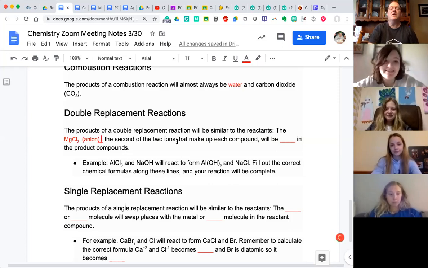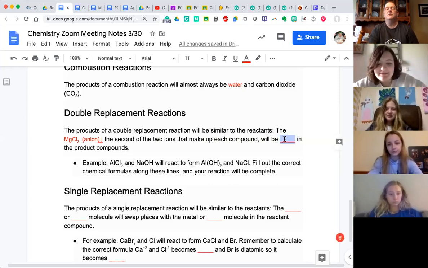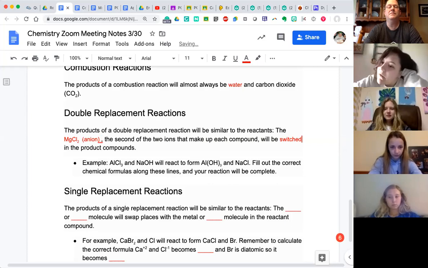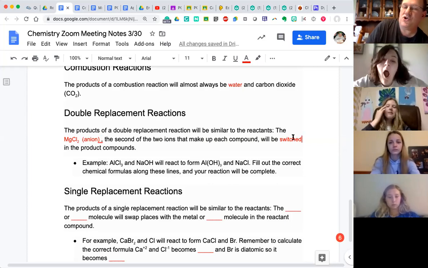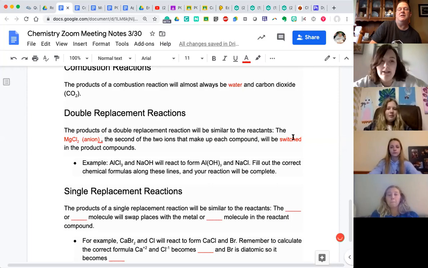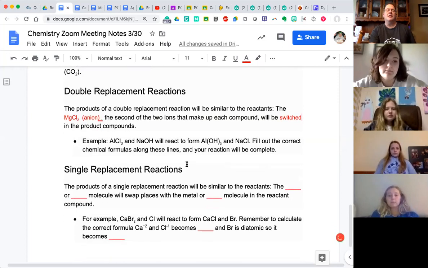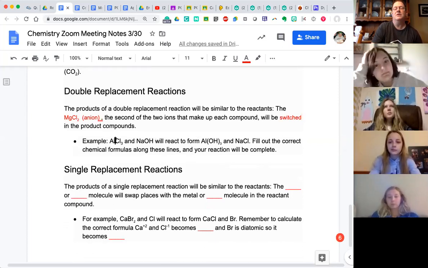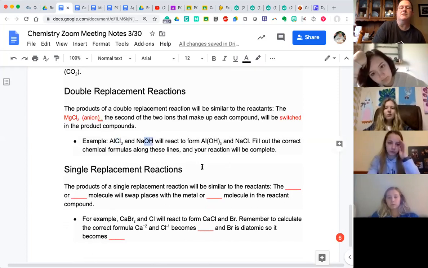Right. The second of the two ions that make up the compound will be switched. So they're going to exchange. Example: aluminum chloride and sodium hydroxide react to form aluminum hydroxide and sodium chloride. So the two negative parts, the chlorine and the hydroxide, switch places.